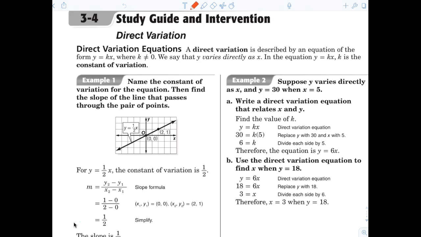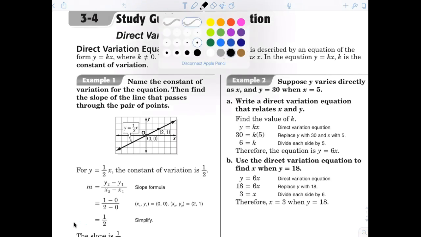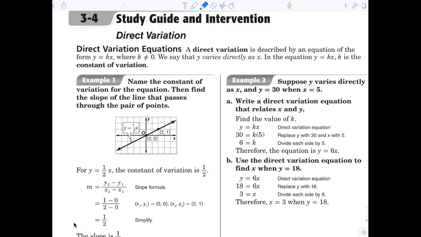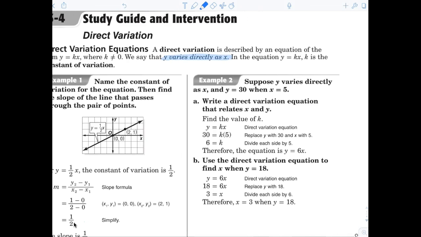But right now, I want you to concentrate on this, please. This is how we say this. We say that y varies directly as x. Now, the equation, when they say that, is always y equals kx.